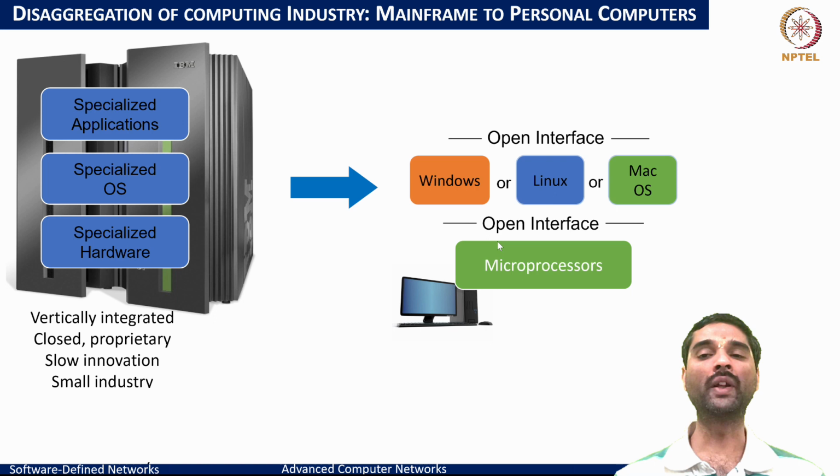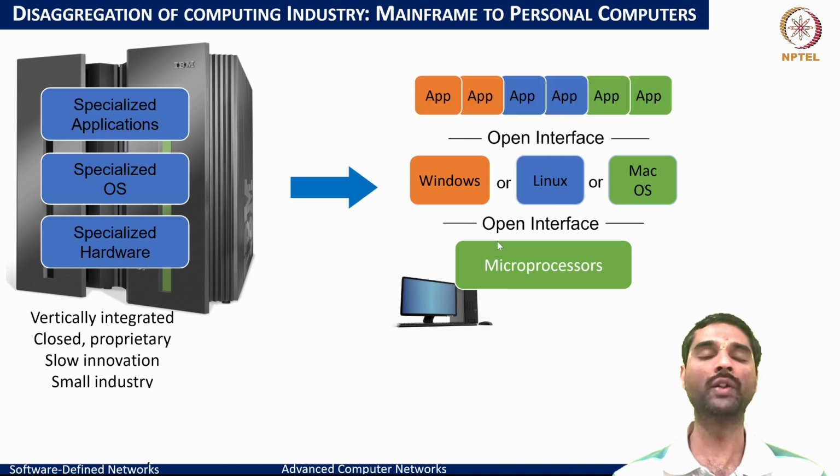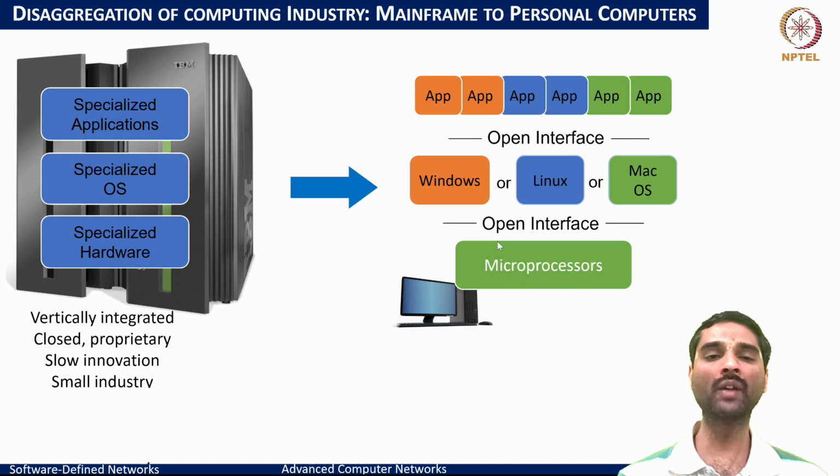And these operating systems, in essence, provided the open interface for the applications to flourish. And that's what led to the massive growth of personal computers. So these open interfaces are crucial for evolution and innovation. And the same holds good now for the networking industry.